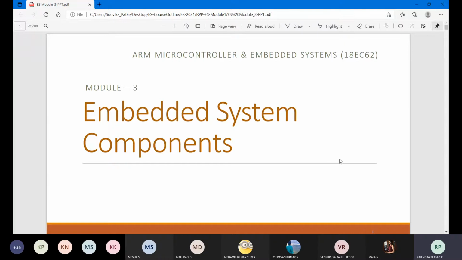Here we are specifically calling it embedded system components. So what are the components we are going to observe? How our architecture is going to be embedded into a particular application. That is why in this syllabus we are going to learn about peripherals like sensors, actuators, Wi-Fi technology, Bluetooth technology, Zigbee technologies. All of these we are going to embed into one application, maybe your mobile phone, your washing machine, or your laptop.